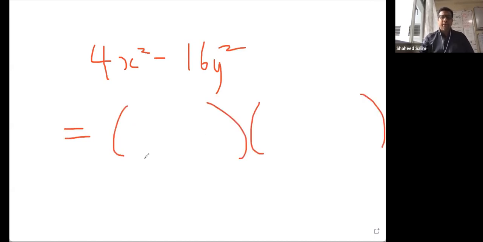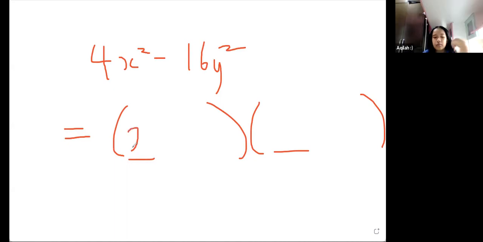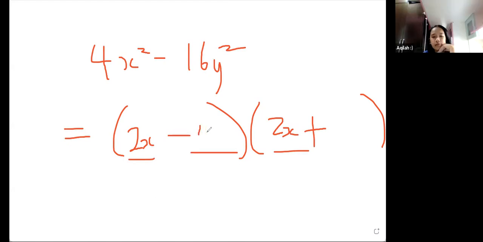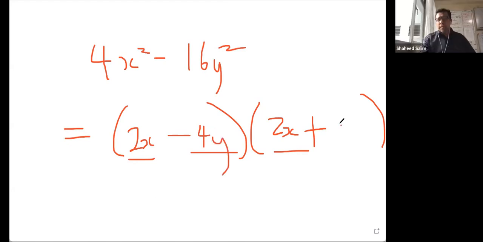And what's the front one? Square root of 4? 2. Square root of x squared? x. Okay, and then one will be plus, the other one will be minus. So what's the second term? Square root of 16? 4. Square root of y squared? y.